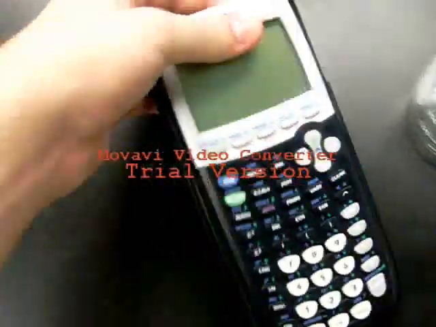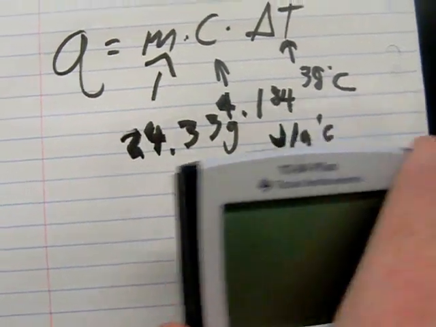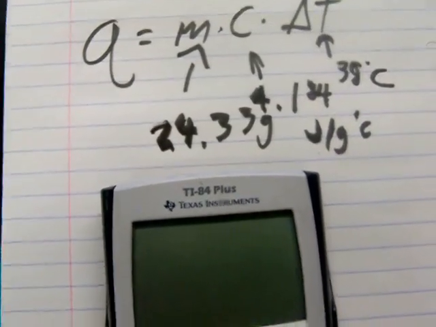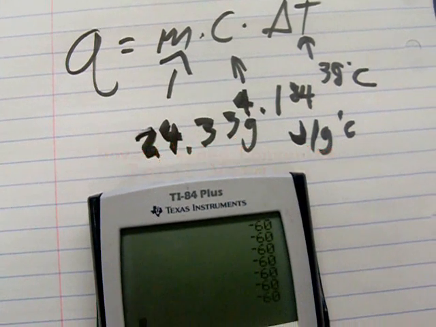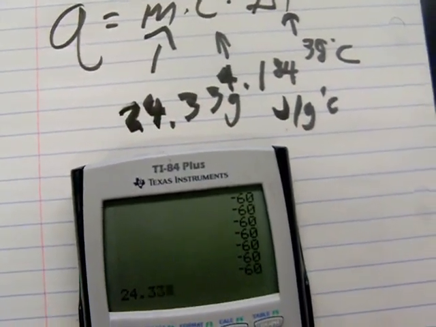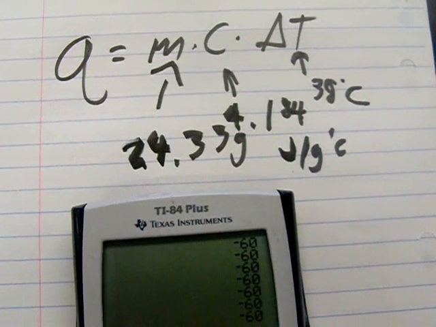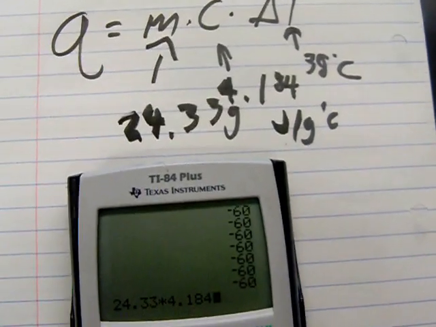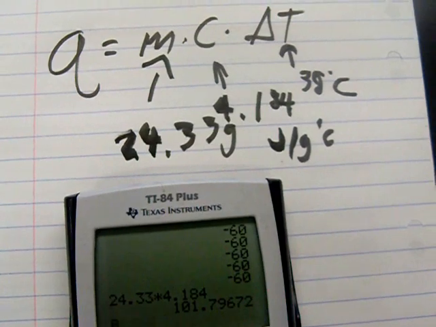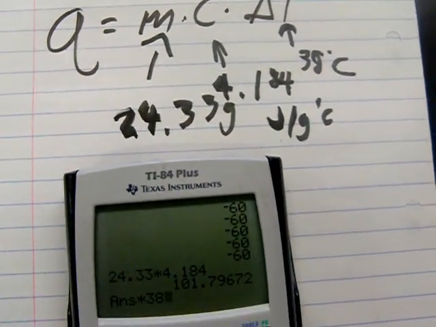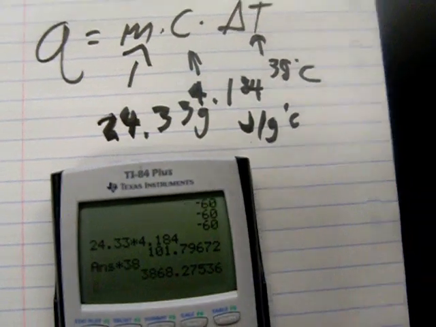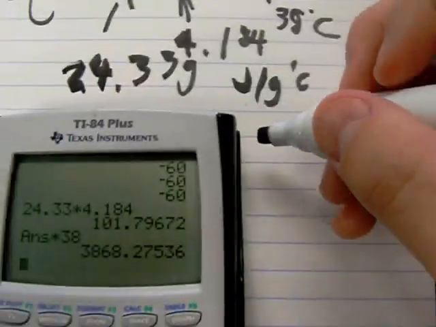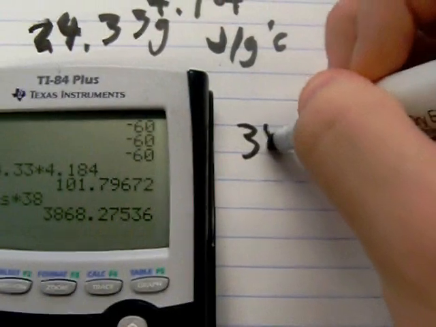So we multiply this all together, and we go to our trusty calculator. So to find the Q, we first go ahead and take the 24, we multiply this by the specific heat of water, and then you multiply it by the change in temperature, and this gives us our Q. So our Q is 3,868.